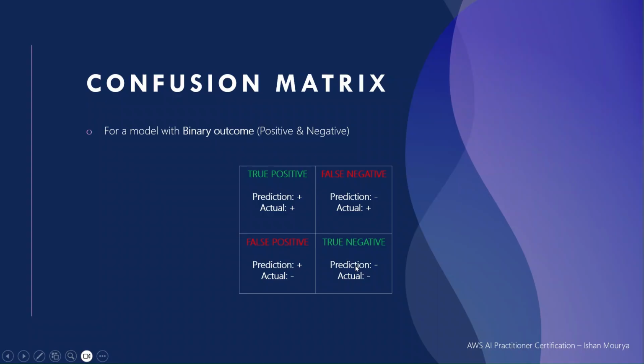Now there can be cases where the model is not able to identify correctly, and there are two of them. Either it's a spam and the model says not spam, which is a false negative. The other case is it's actually not spam, but the model identifies it as spam, which is a false positive.